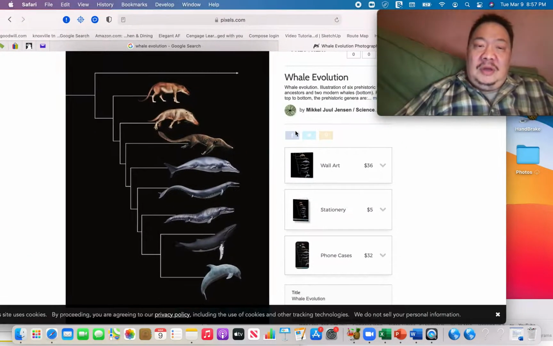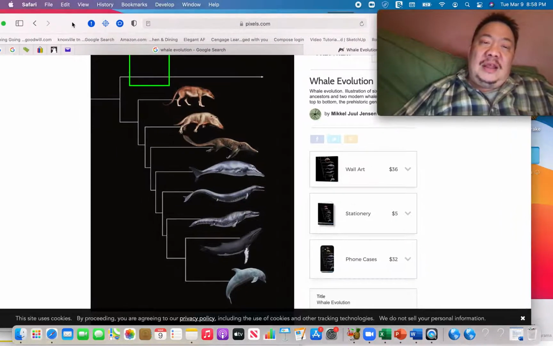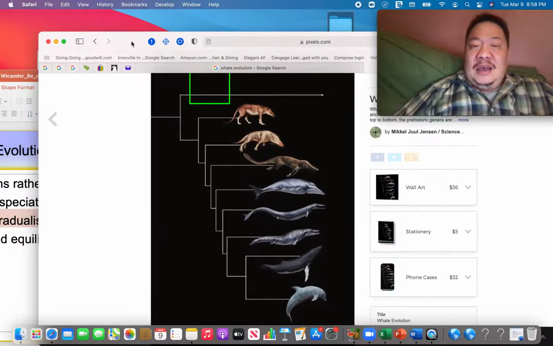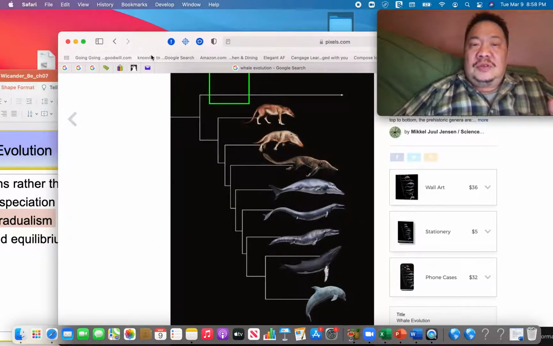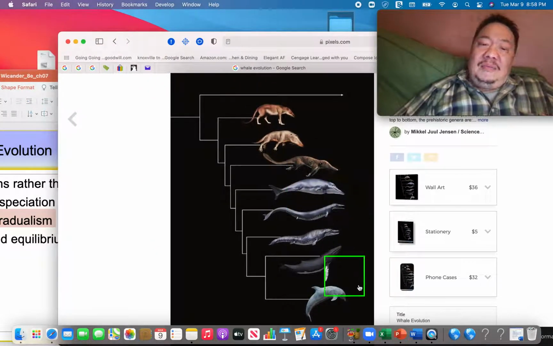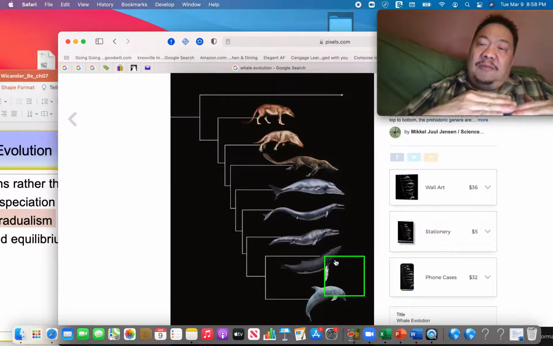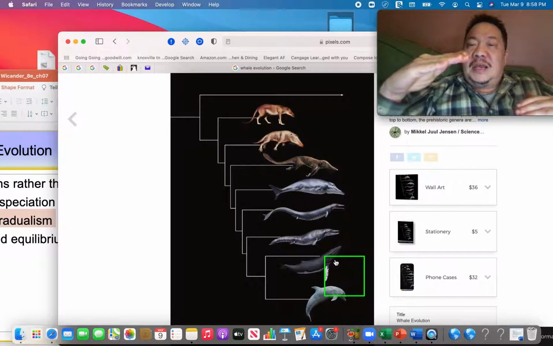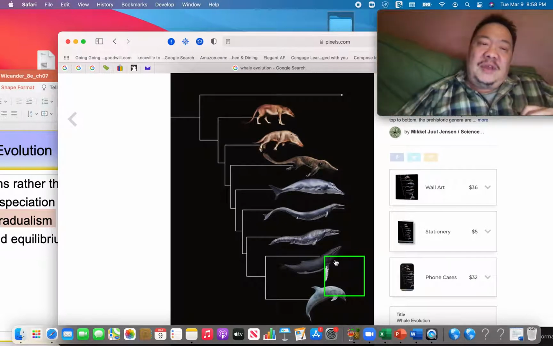For example, we have found all of the missing links for whales, even going back to their land ancestors. So the people who believe in phyletic gradualism say eventually we're going to find enough fossils to complete all of the different steps to show that species really do evolve step by step, slowly over long periods of time.